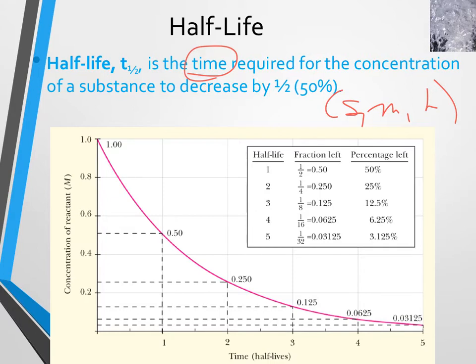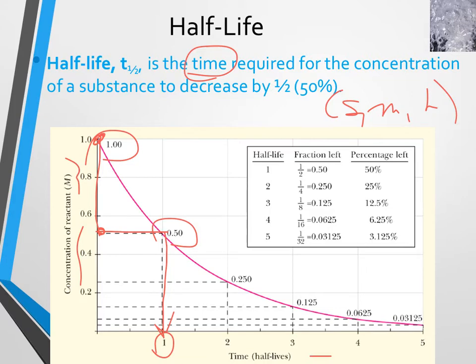For example, if you start with a 1 molar solution of any chemical reaction or radioactive substance that's first order, and you want to know what the half-life is, you could look at a graph of concentration versus time and go down to half that amount. So if we start with 1.0, let's drop down to 0.5, go over to the x-axis and see how long it took to get to half of the original amount, whatever the units are, 1 minute, 1 hour.